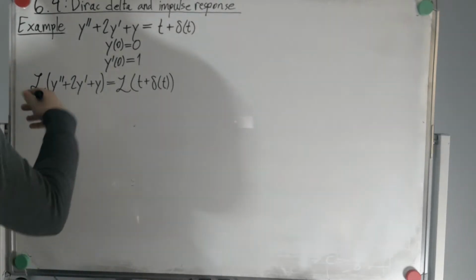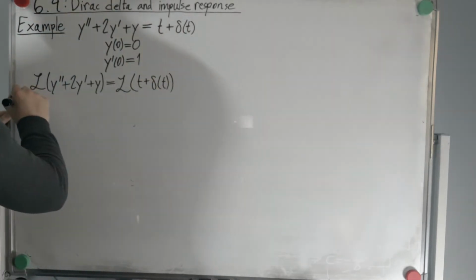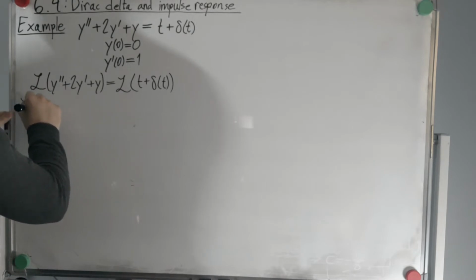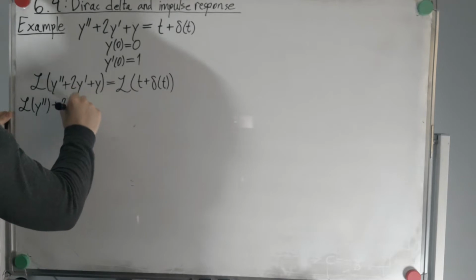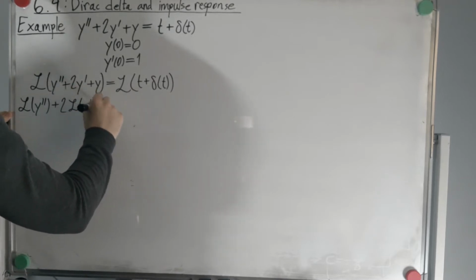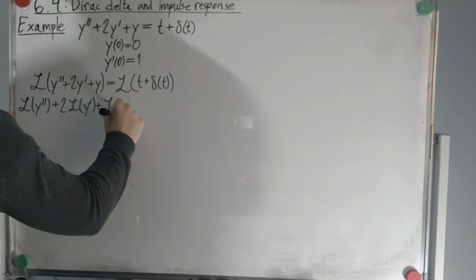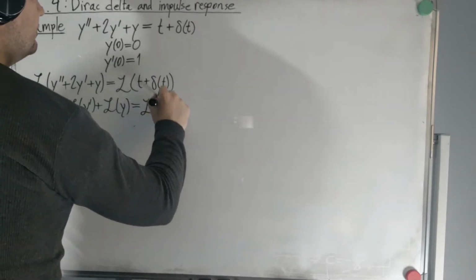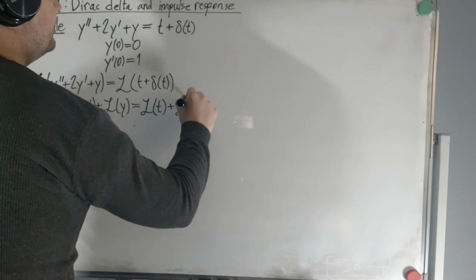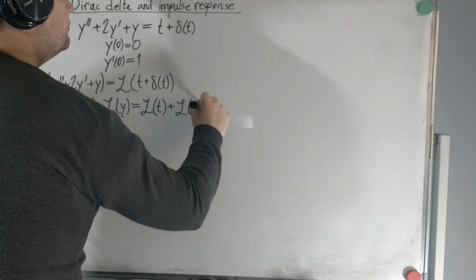This turns into, by the linearity of the Laplace transform, the Laplace transform of y'' plus 2 times the Laplace transform of y' plus the Laplace transform of y equals the Laplace transform of t plus the Laplace transform of delta of t.